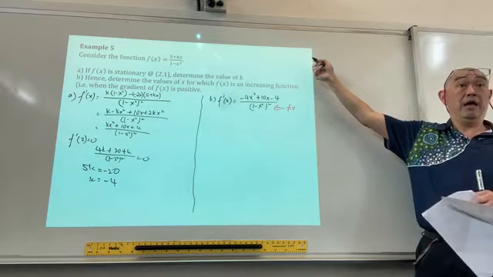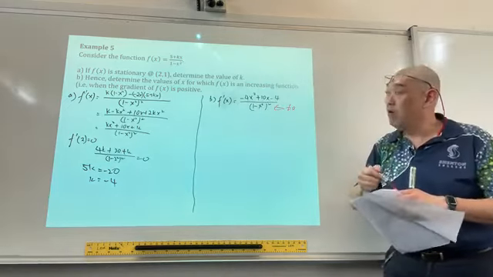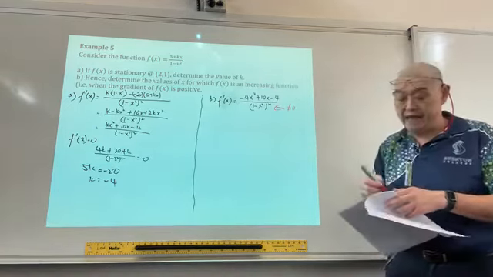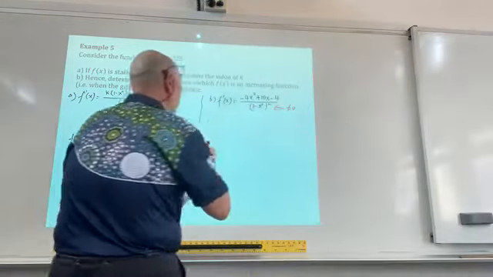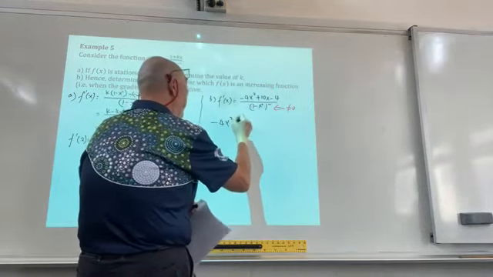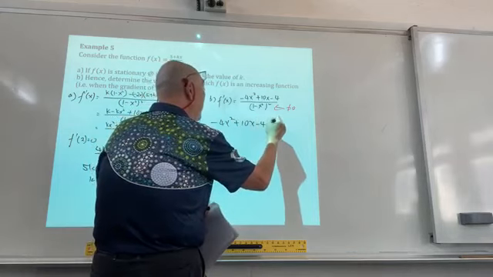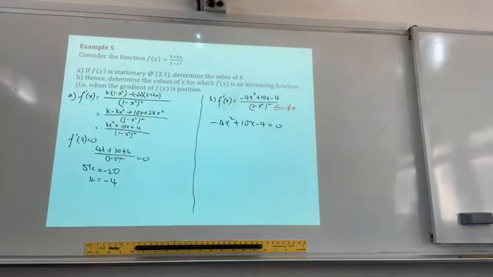So therefore, what we need to do is look at minus 4x squared plus 10x minus 4 and determine where it is positive. So you need to know where it is positive.